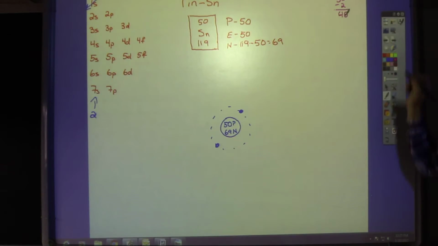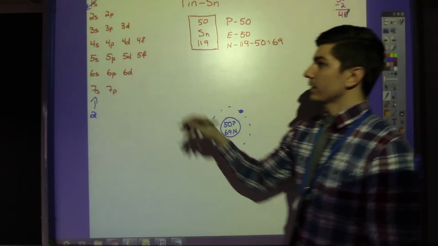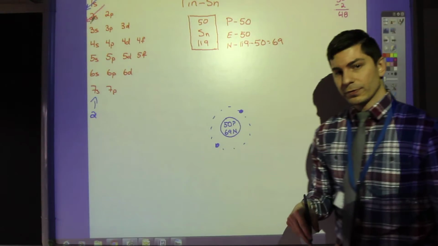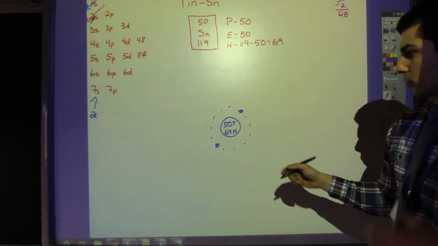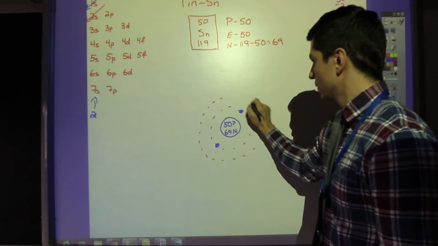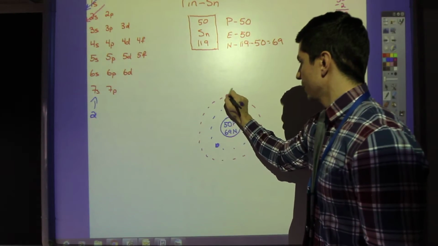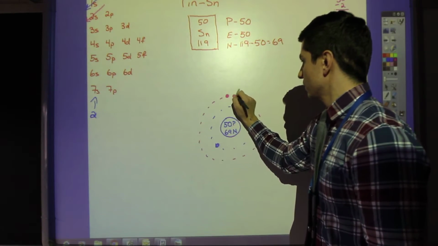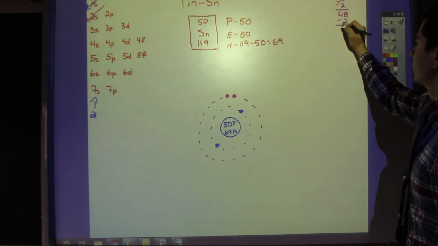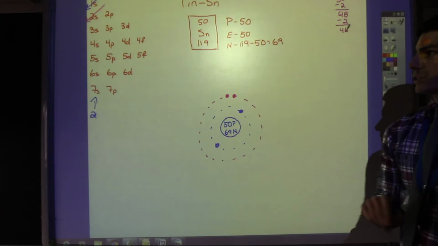All right. After that, let's go to another arrow. We're going to go to 2s. The 2 in front of the s tells us what orbital to put it in, so we got to move to another orbital. We're going to put our 2 in for our 2s. Subtract another 2, and now we are at 46.